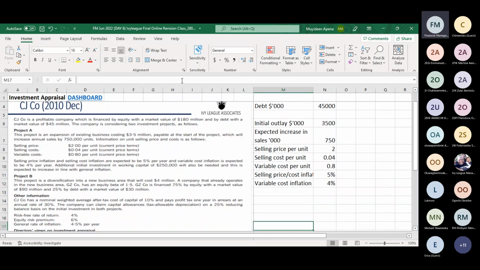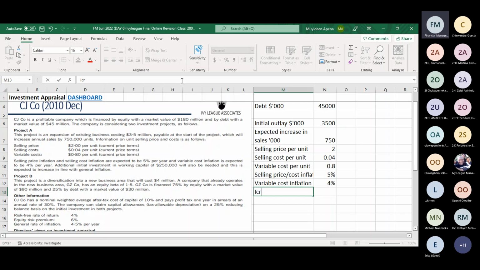Additional initial investment in working capital of $250,000 would also be needed, and this is expected to increase in line with general inflation. So here we have it.